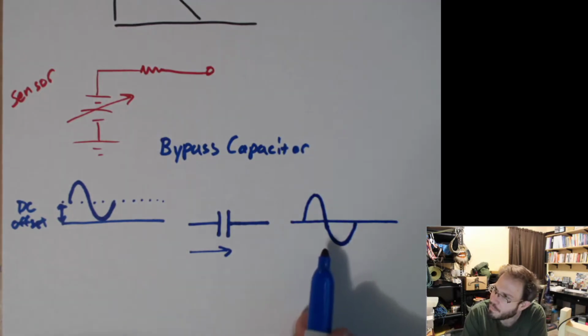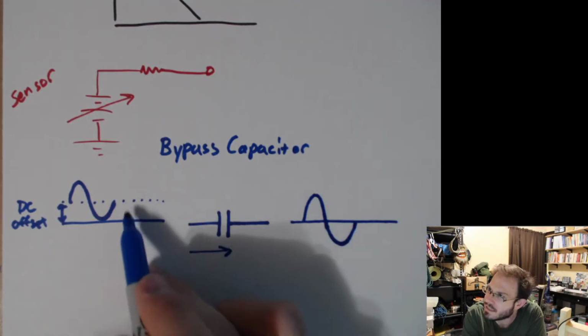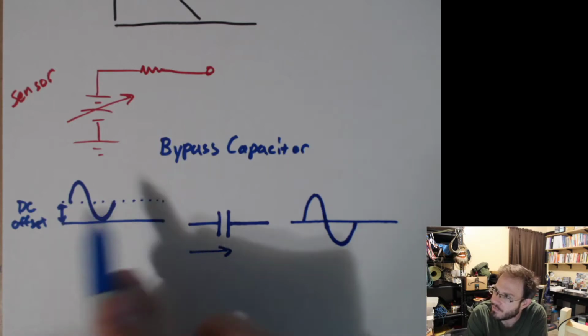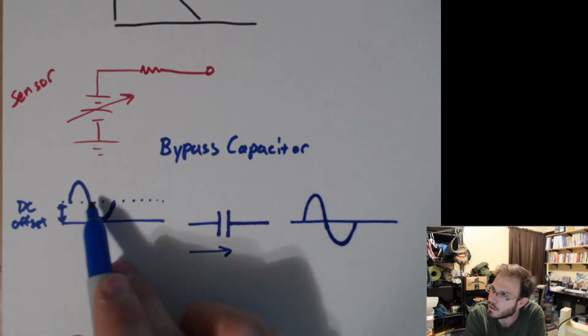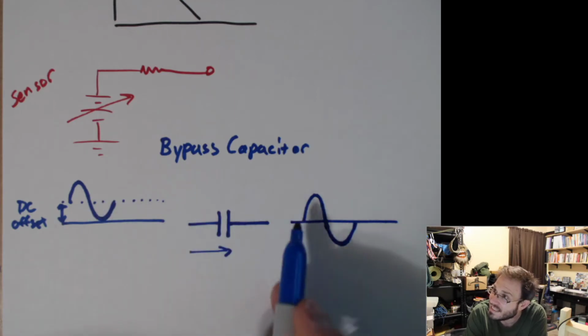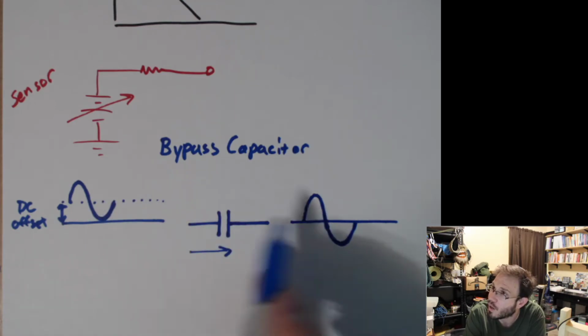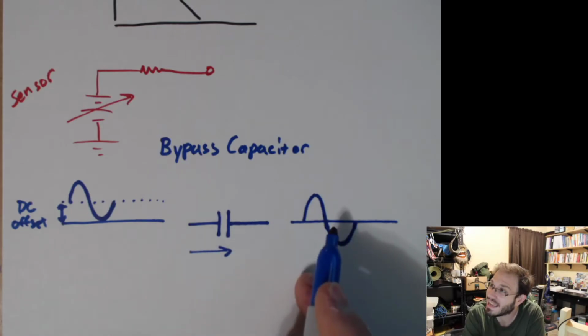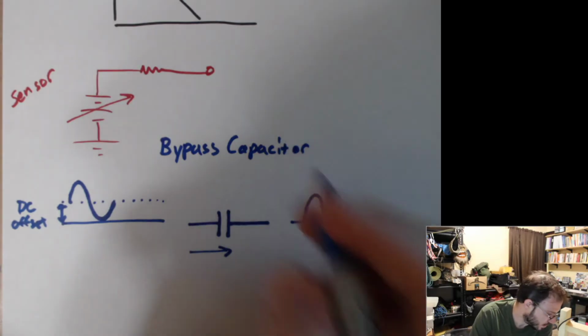And what's going to happen is we're going to strip out this DC offset. This DC offset effectively gets removed and our signal gets centered at 0 volts now. The AC component can get through, but the DC component cannot get through.